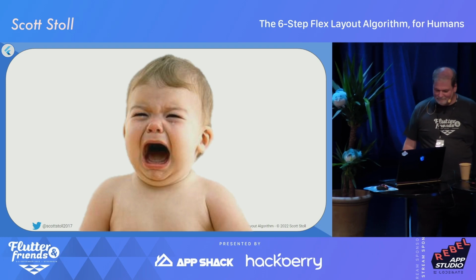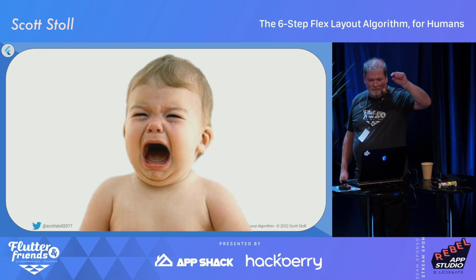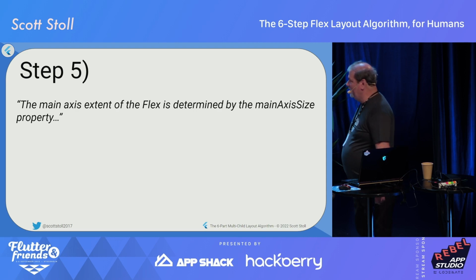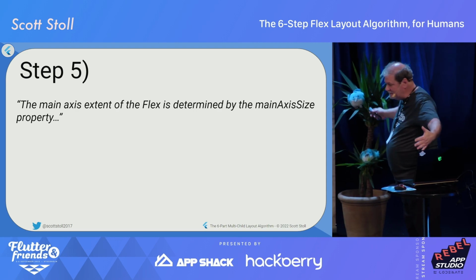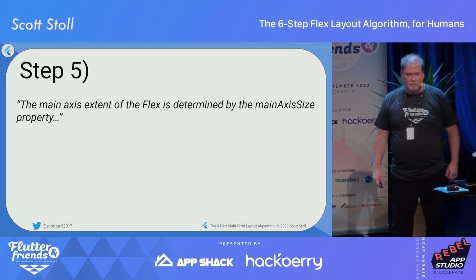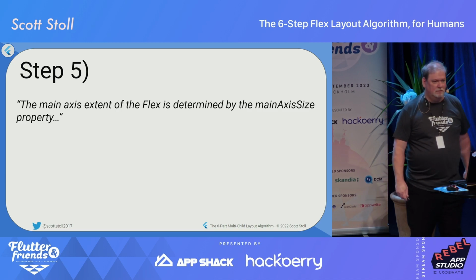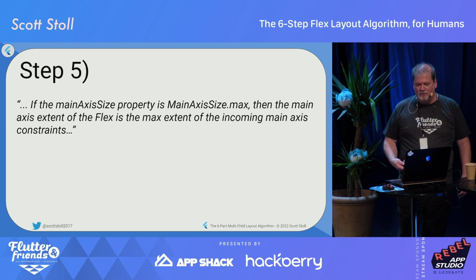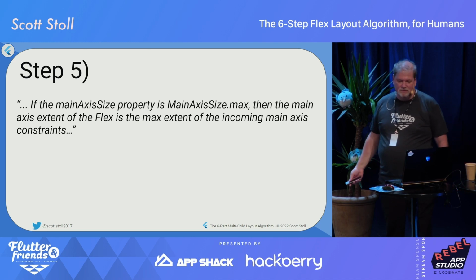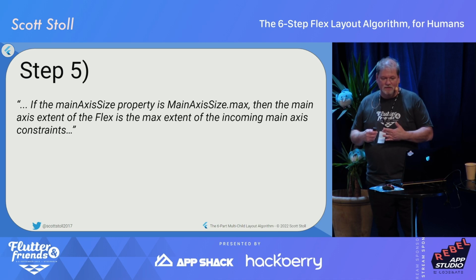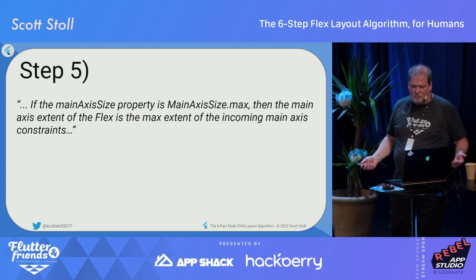Yeah. Let's take this one step at a time here. All right. The main axis extent size of the flex is determined by the main axis size property. Yeah, no kidding. Why didn't I just say that? If the main axis size property is set to max, then it's going to be as big as the constraints coming from the parent.